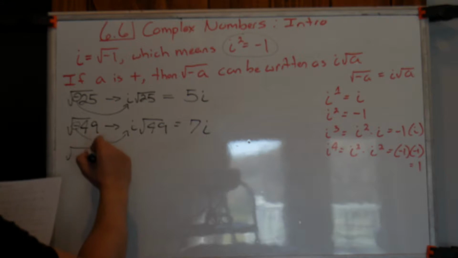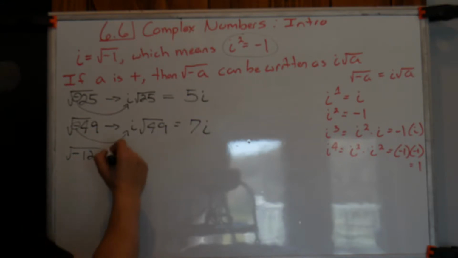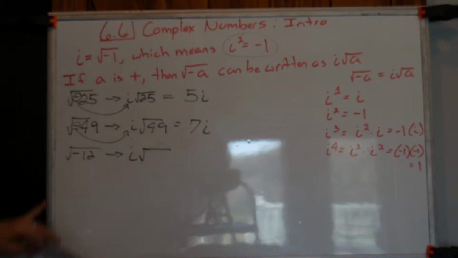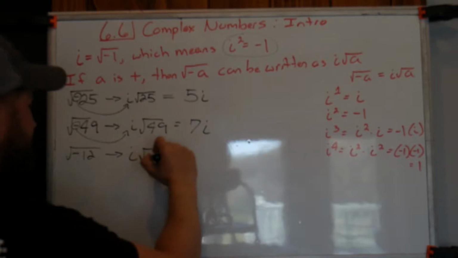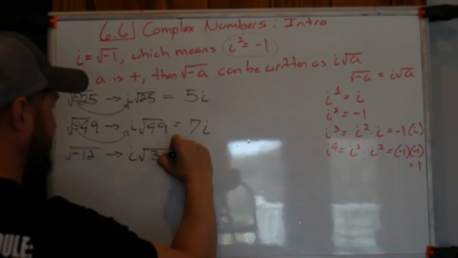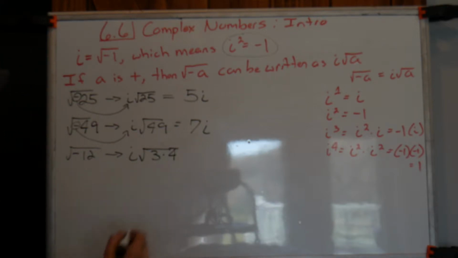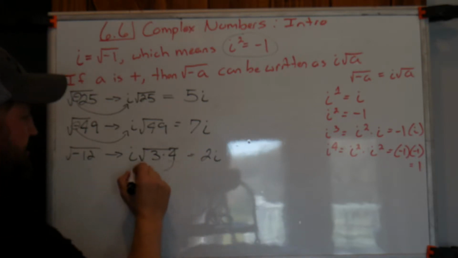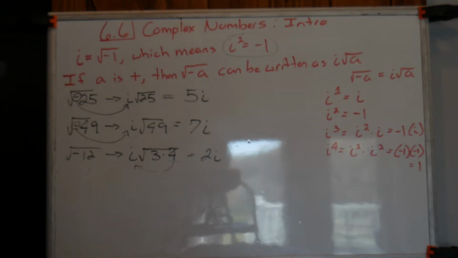Then they go to one that's not a perfect square, -12. Well, first off, pull out an i. So we have i times the square root of 12, and the square root of 12 is 3 times 4. I can pull the square root of 4 out. I pull it out, it's a 2. Square root of 4 is 2. 2 times i.